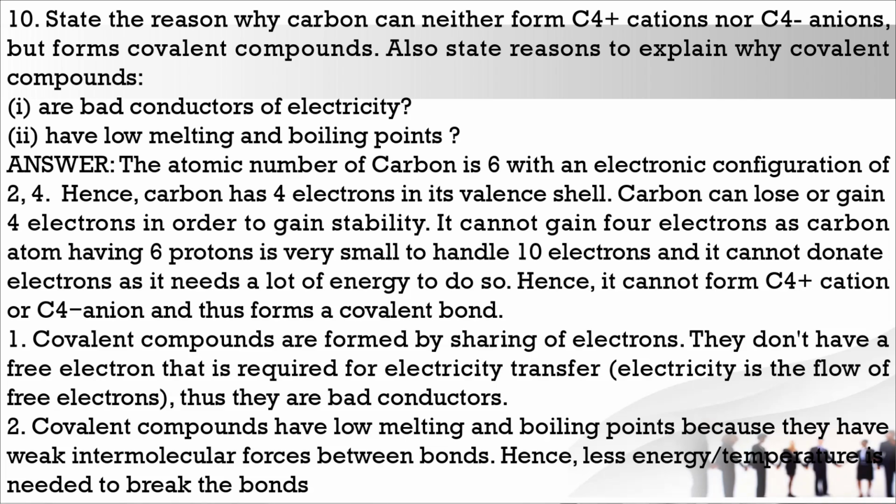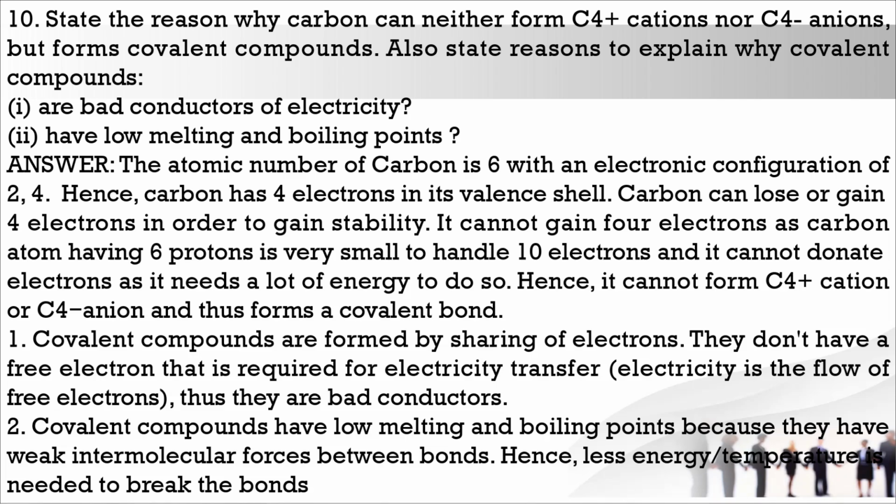Question number 10. State the reason why carbon can form neither a C4+ cation nor a C4- anion, but forms covalent bonds. Also state the reason to explain why covalent compounds are bad conductors of electricity and have low melting and boiling points. Answer. The atomic number of carbon is 6 with an electronic configuration of 2, 4.